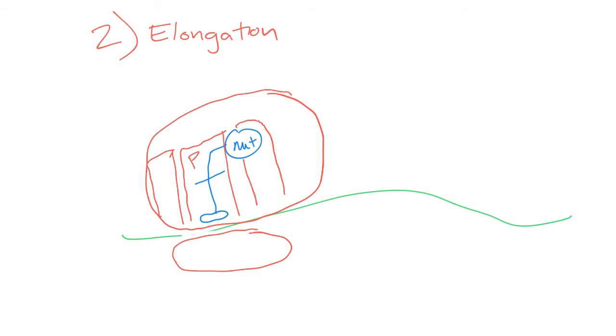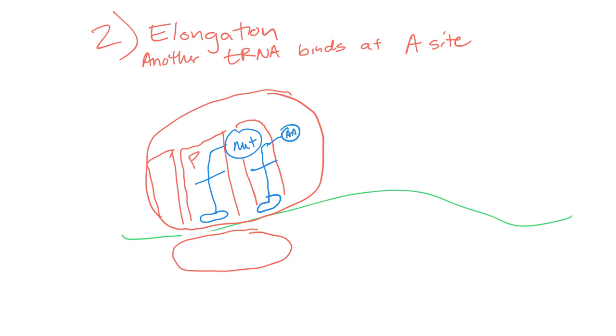So in elongation, another tRNA binds at the A site, and it's going to have another amino acid. And now we need to elongate that chain of amino acids.